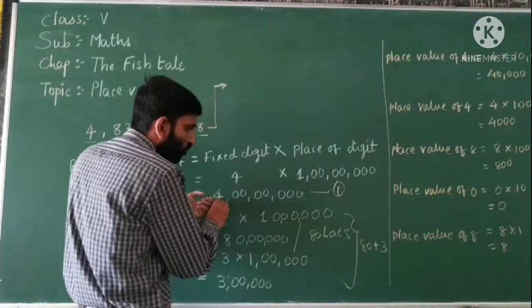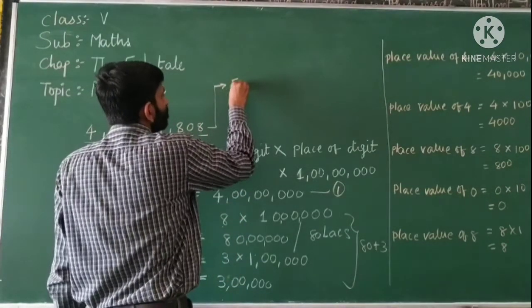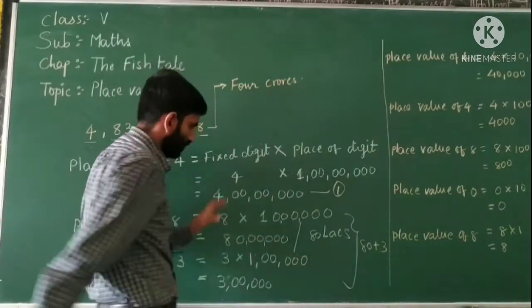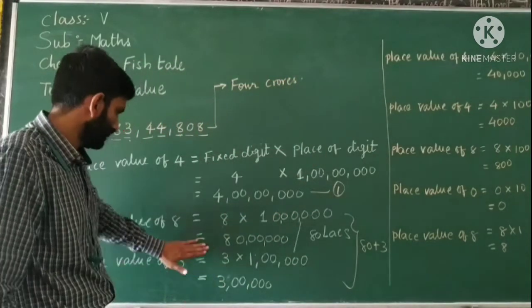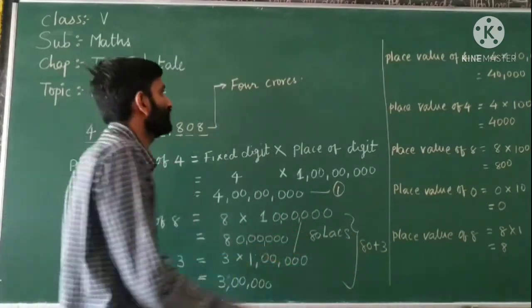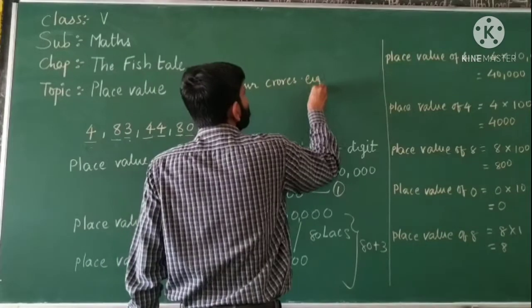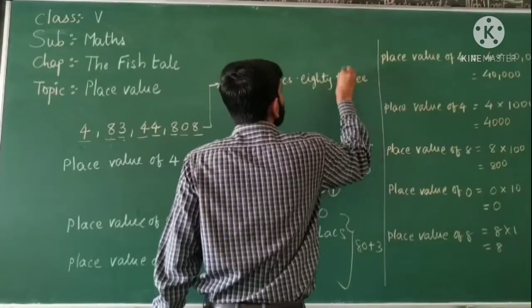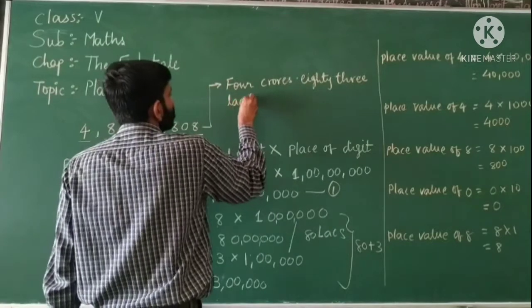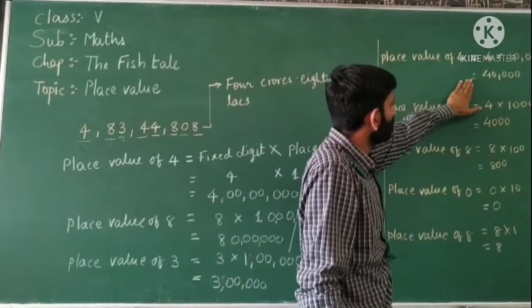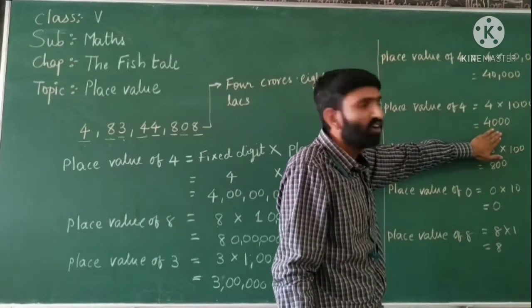First is 4 crores, ये 4 crores, then it is 83 lakhs, इसको अलग अलग नहीं लिखना है, साथ में लिखना है, it is 83 lakhs, and now here it is 40,000 plus 4,000, it is 44,000.